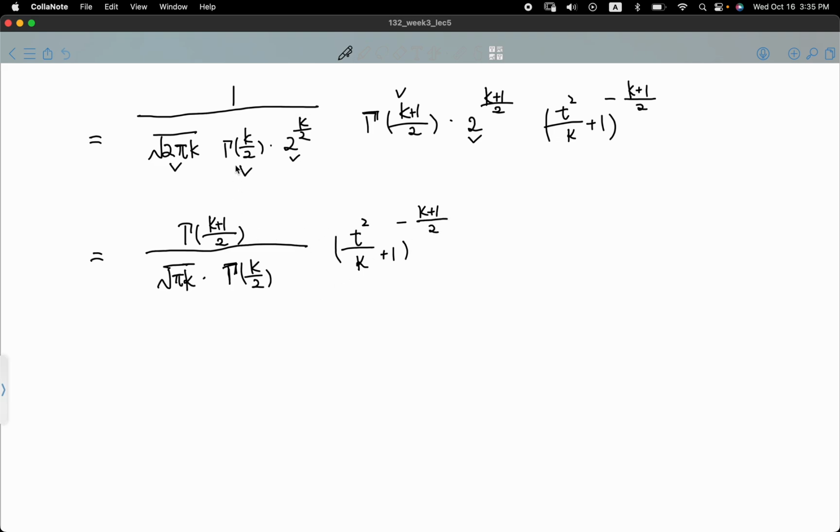Okay, so now this expression is the probability density function for the t distribution with degrees of freedom k.